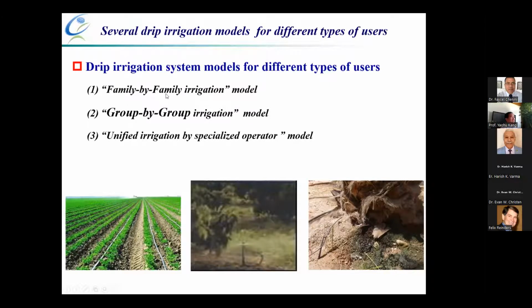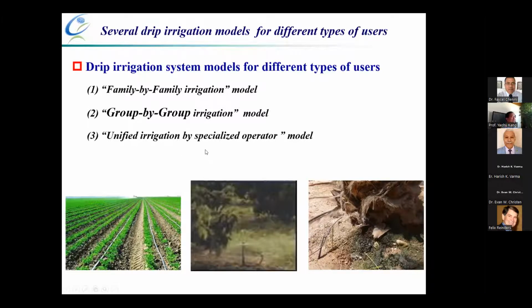One is a family by family irrigation model. This means in the micro-irrigation systems, there are many farmer families. Second is a group by group irrigation model. This is for one micro-irrigation system where there are many farmer families, but they can be grouped as several groups.